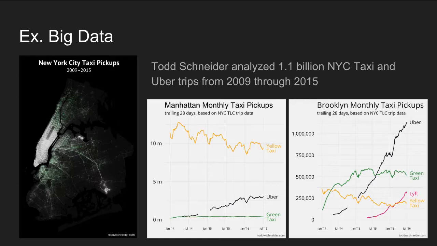The rise of Uber was greatest in some of the outer boroughs of New York City, including Brooklyn, where Uber quickly surpassed traditional taxi rides. Lyft was also increasing in usage among New York City residents. So this is a great example of big data.